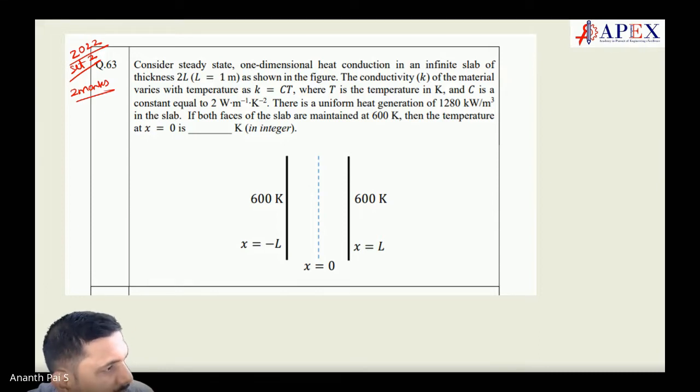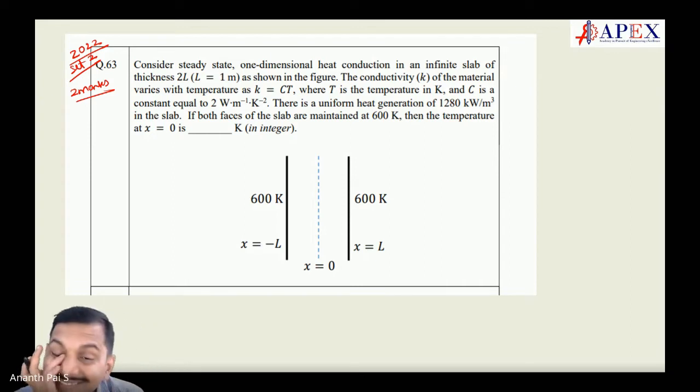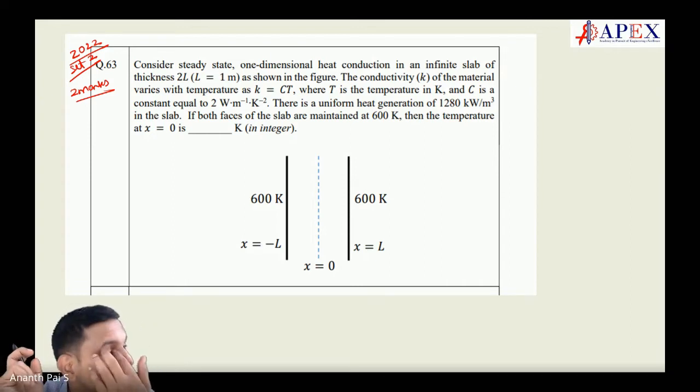Now here there will be people who will be directly putting the formula which we have got and will go miserably wrong. Always go directly with the heat conduction equation.